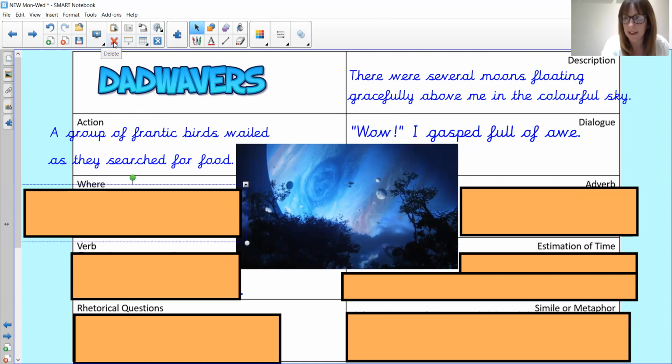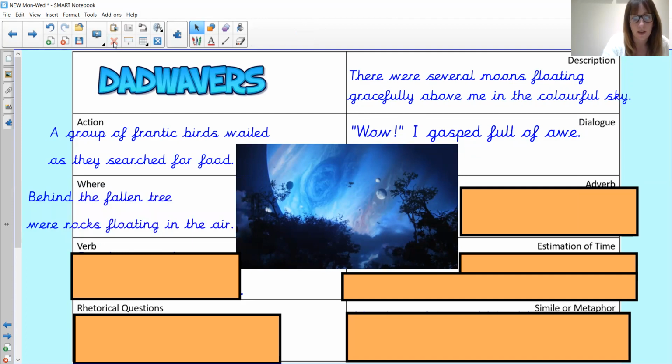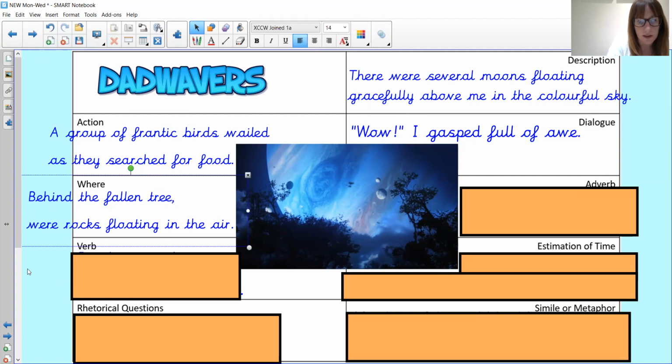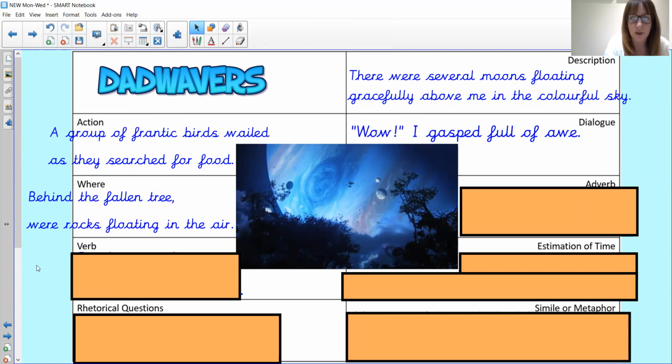Can I start my sentence with a where phrase? Behind the fallen tree were rocks floating in the air. Now I've forgotten my comma there. There we go. Bet you all spotted that, didn't you? So behind the fallen tree, so that's where, were rocks floating in the air.